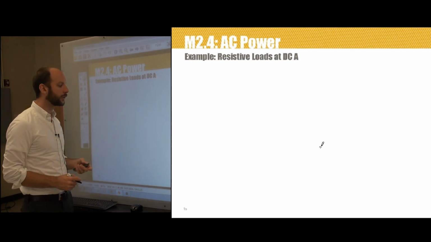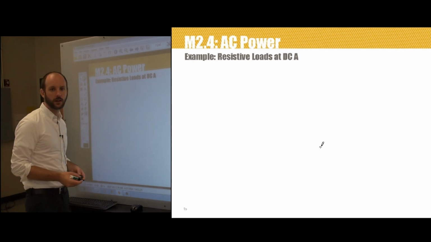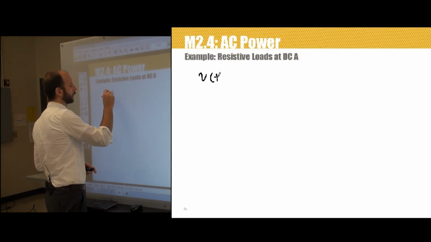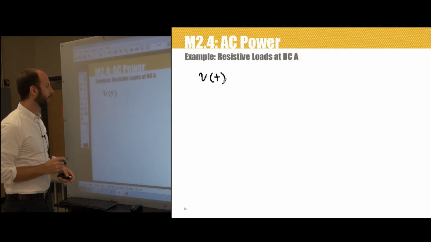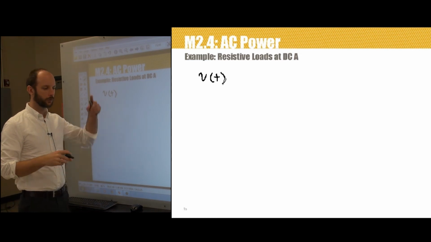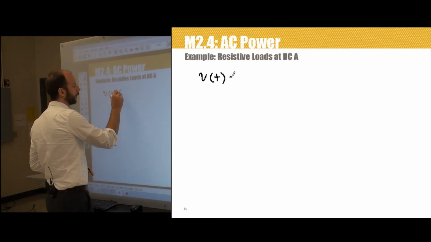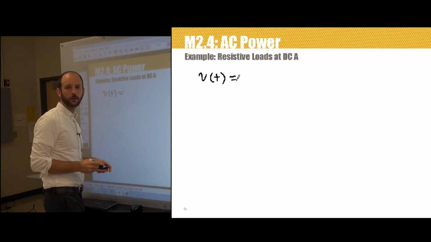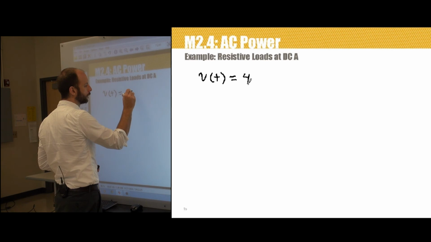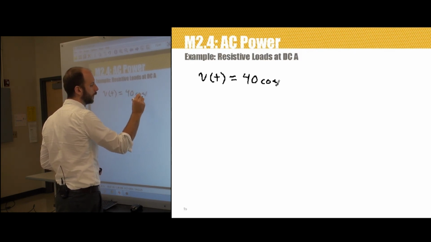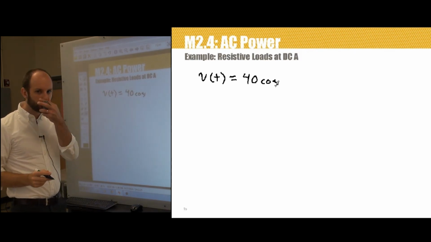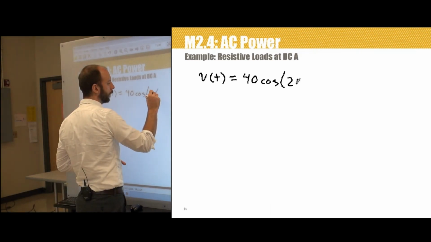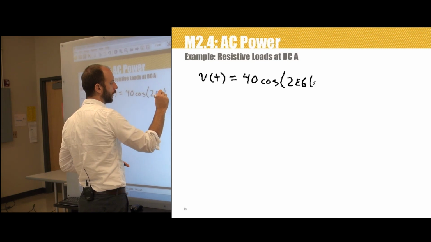If we wanted to write the steady states using those calculations, remember what we would do: we would say V of t. There's only one voltage in the system. Well, there's multiple voltages in the system, but for each branch, the voltage across the current source is given by 40 cosine of 2e to the 6th times time.